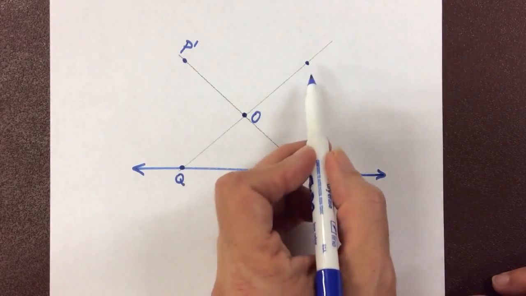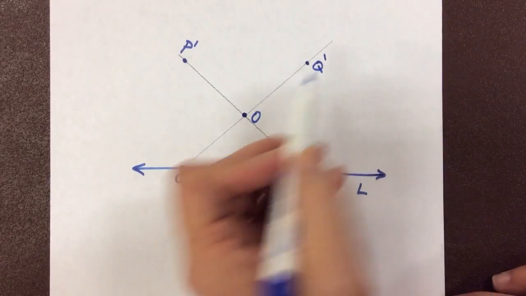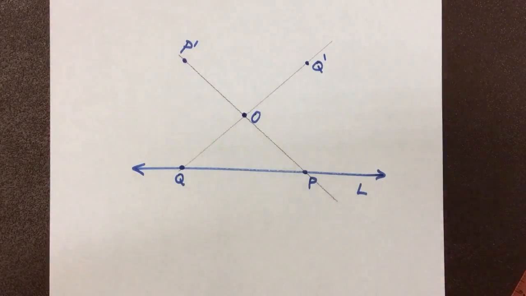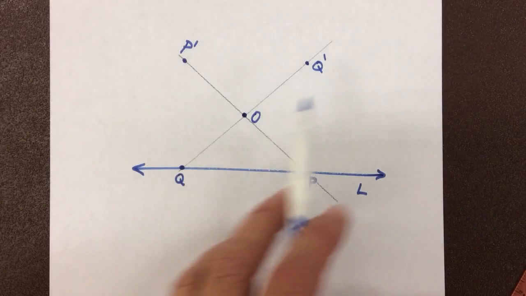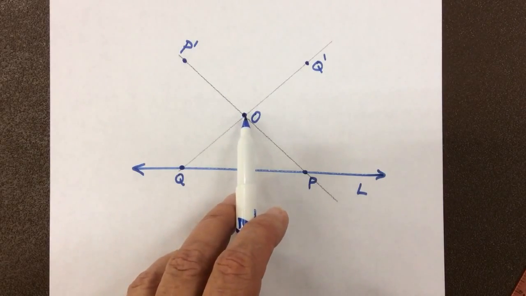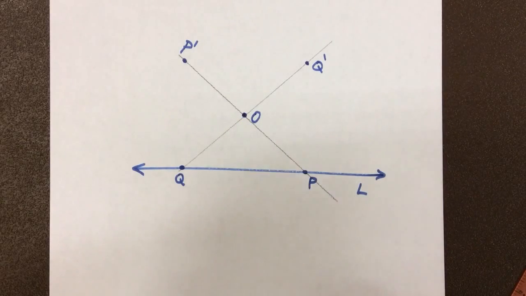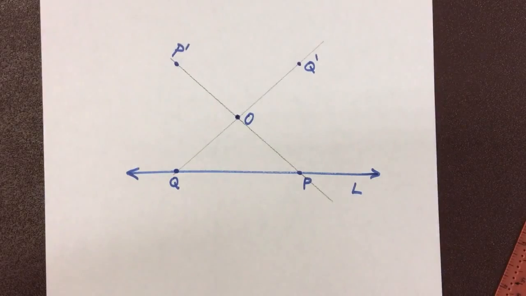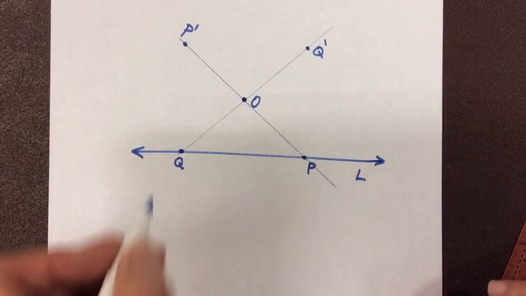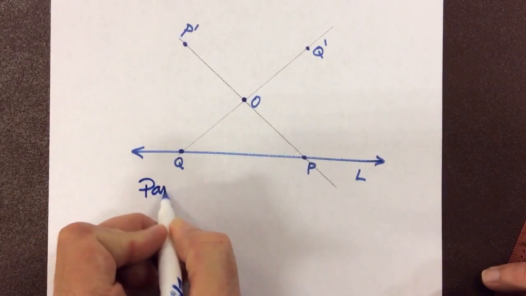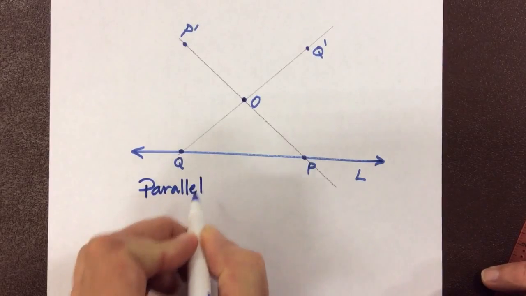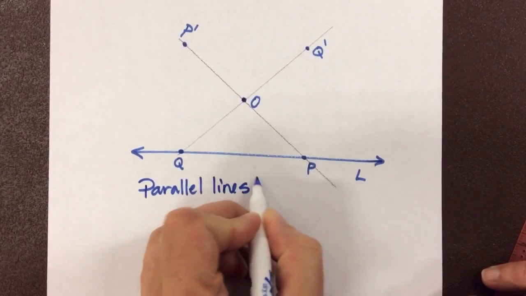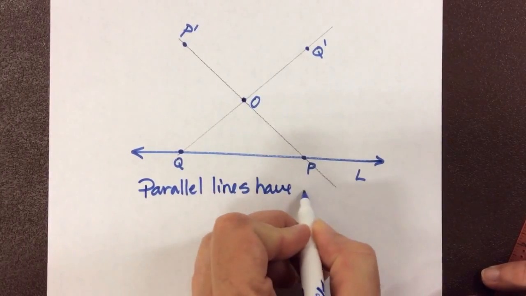Q prime can't be on the line. So what we have is all of these points, and none of their images under this rotation can be on line L, which is exactly the definition of parallel lines. Parallel lines have no points in common.